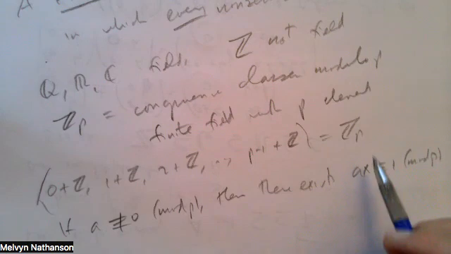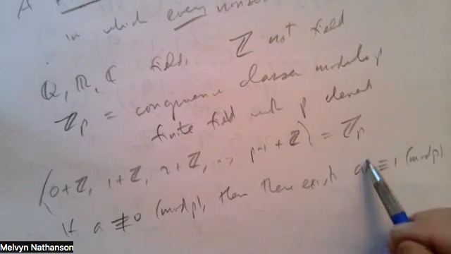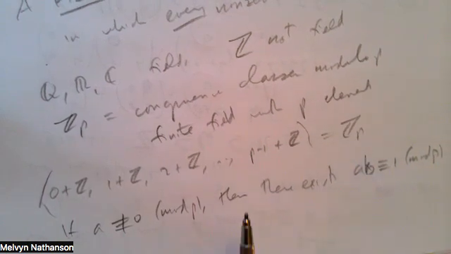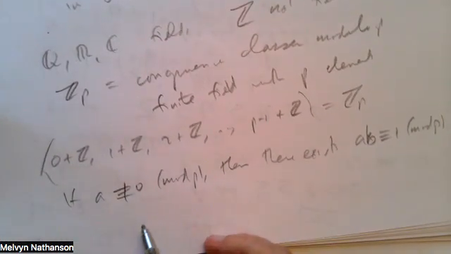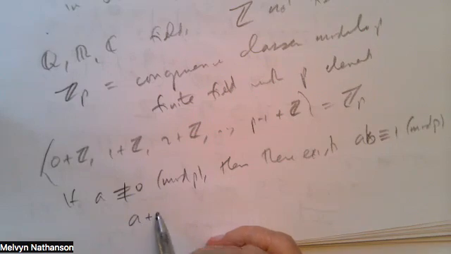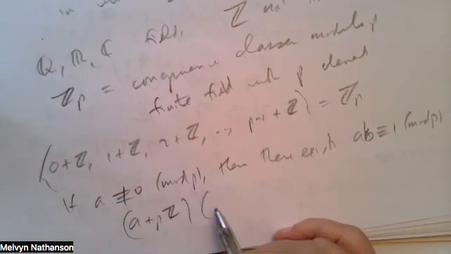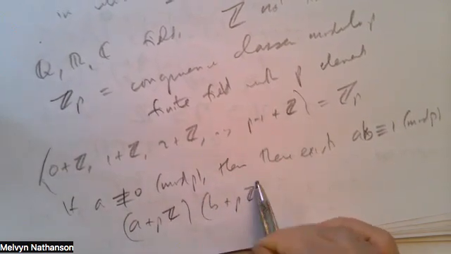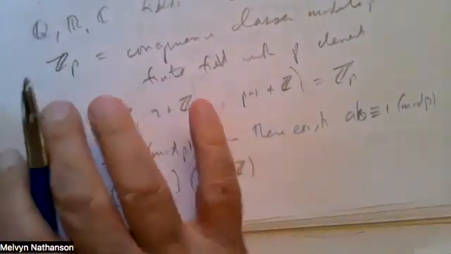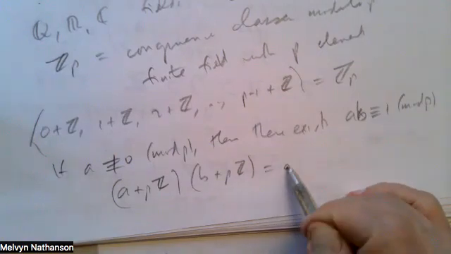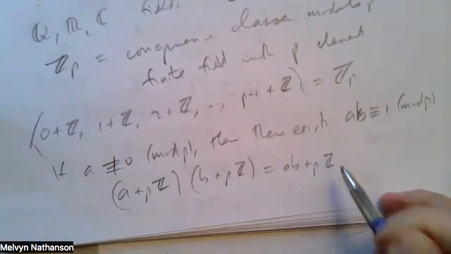So there exists a b such that a times b is congruent to 1 mod p. In terms of congruence classes, that says if you take the congruence class a plus pZ and multiply it by the congruence class b plus pZ, the way we define multiplication of congruence classes, this is ab plus pZ.